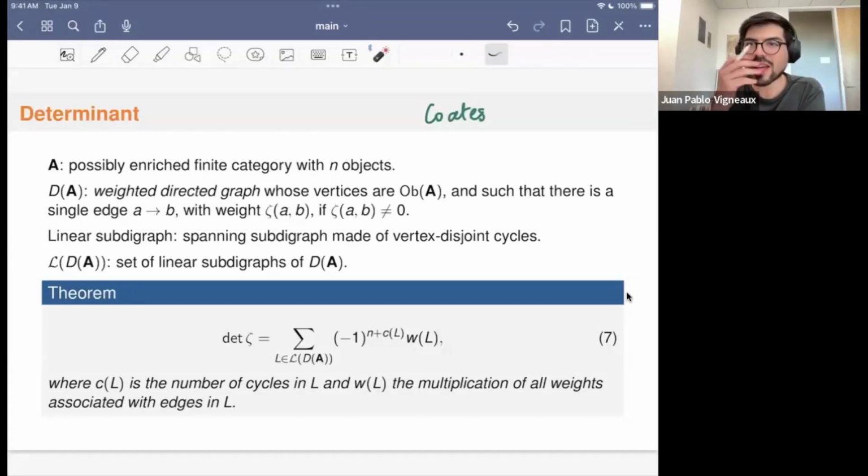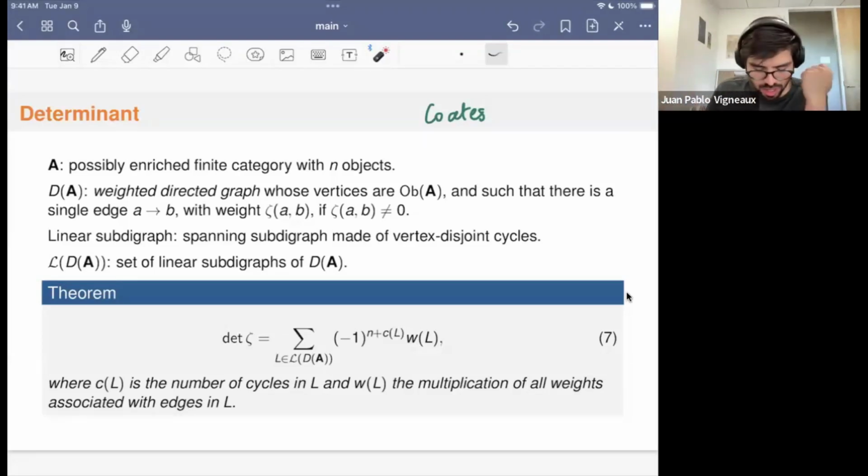The idea is that when you take the determinant and expand it as a sum over permutations, you can see each term in that sum as weights over certain collections of paths in an associated graph.